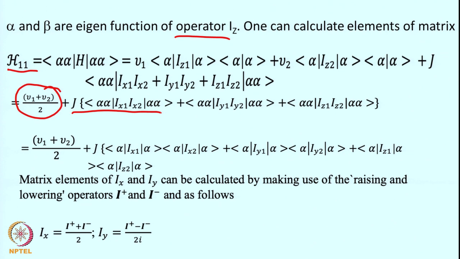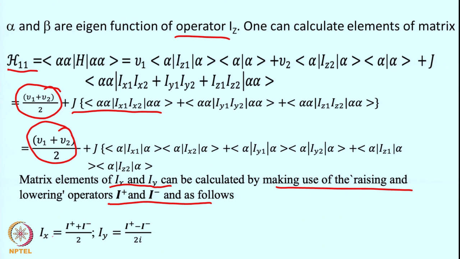So, these can be solved. This is saying that frequency of 1 and 2 divided by 2 comes at the center, and we can solve this equation by something called matrix elements Ix and Iy by making use of the raising and lowering operator. This is typically used in quantum mechanics to solve such equations.